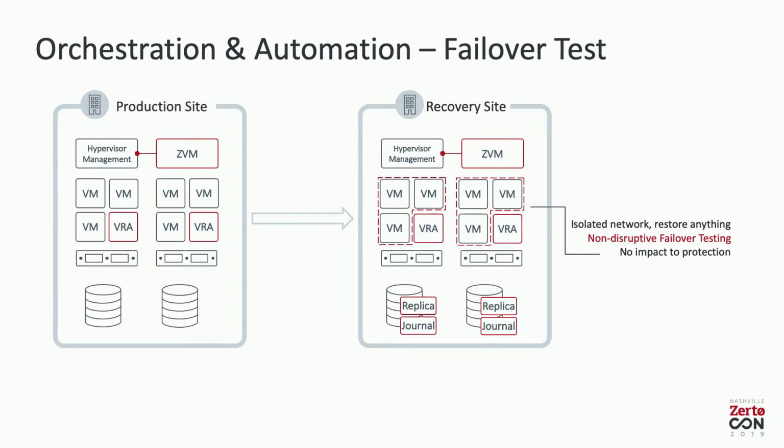Because the way this works is we have our production site and we have our recovery site. I'm going to do my best Vanna White impression here. When this situation happens, you can see we do not have VMs running at the target location, okay?